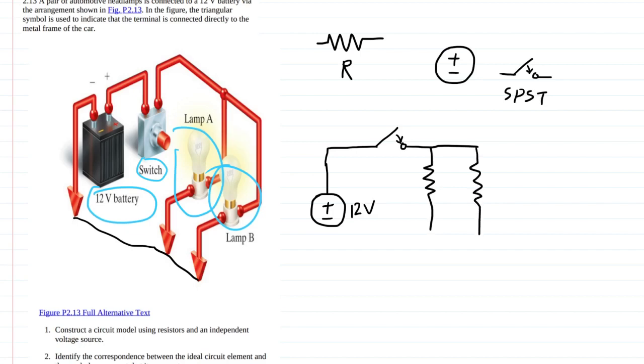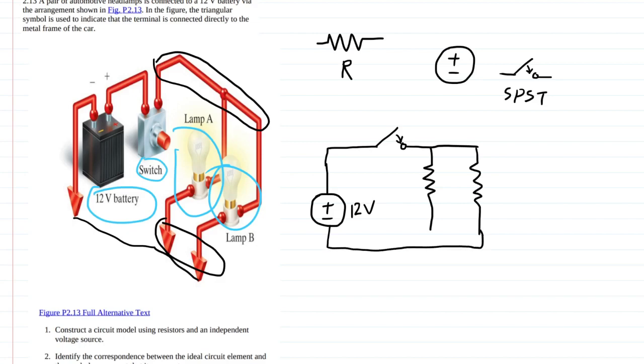Well, if you look at this connection right here, they share the same top and they share the same bottom. So that means that the voltage across them is the same. So if we have this little network here, connect them all together, they have let's say R1 and R2.